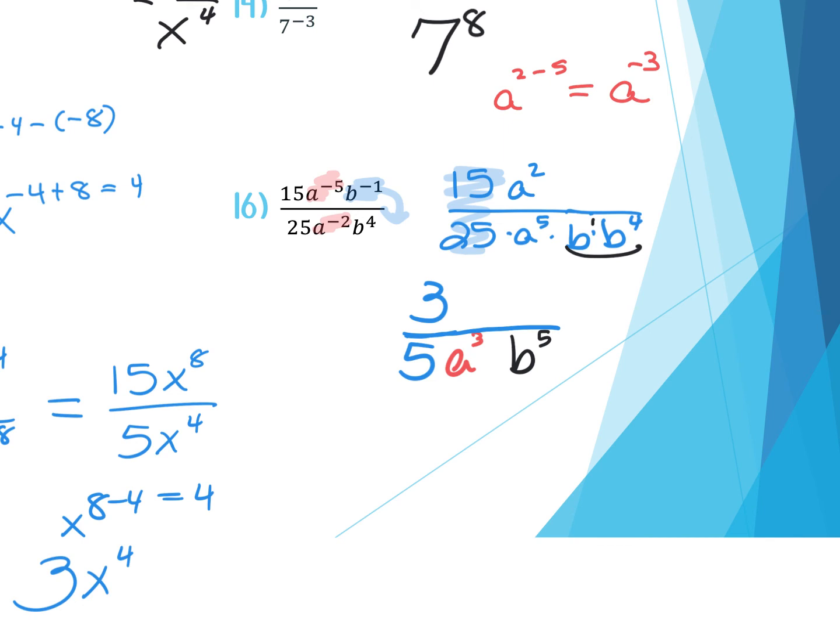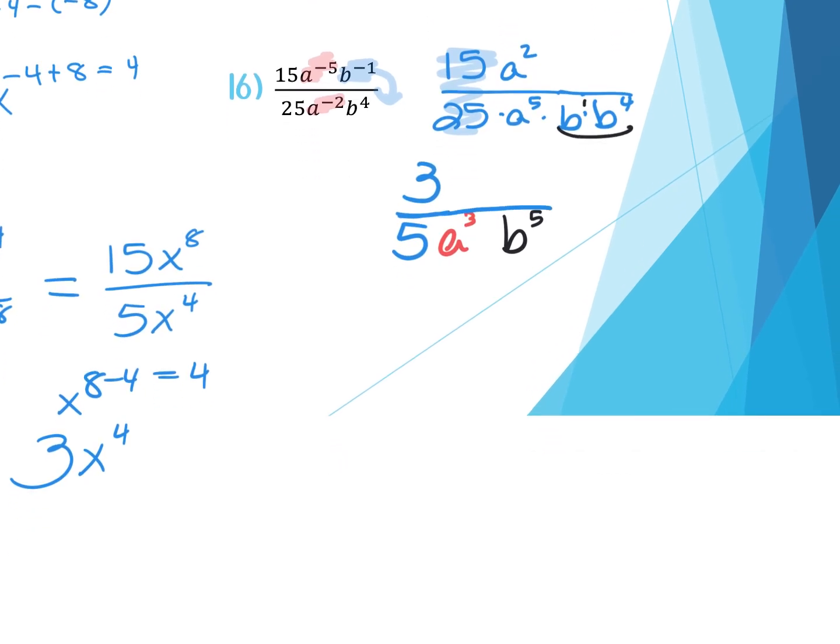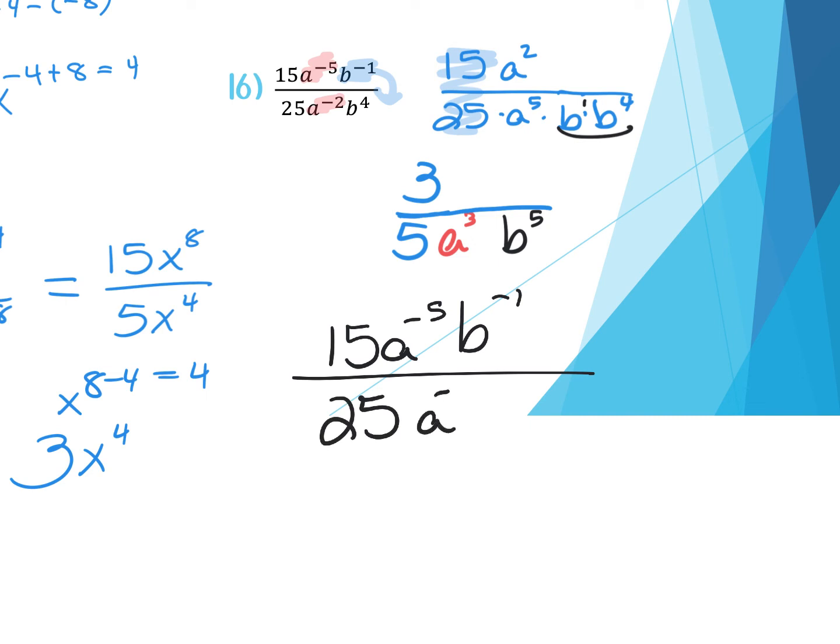Now, if you'd rather just deal with the exponents to begin with, let me rewrite the problem. So if instead you just want to simplify the fraction, that becomes 3/5. And then for the a's, instead of moving them, just do negative 5 minus negative 2.